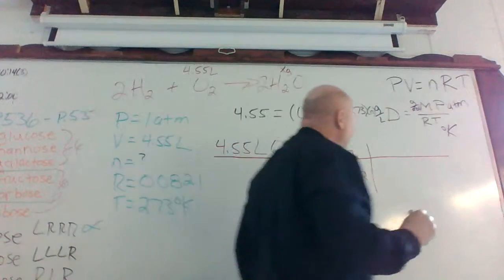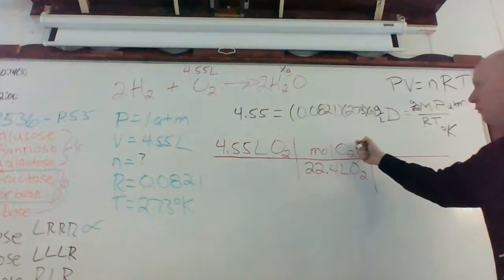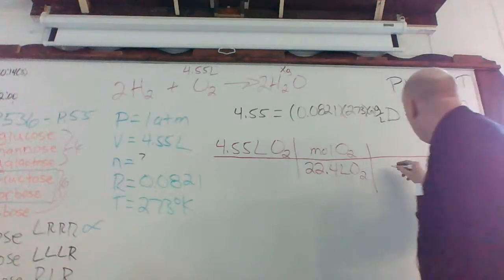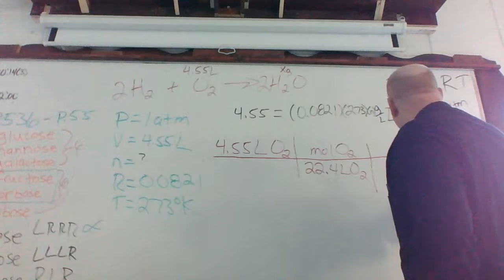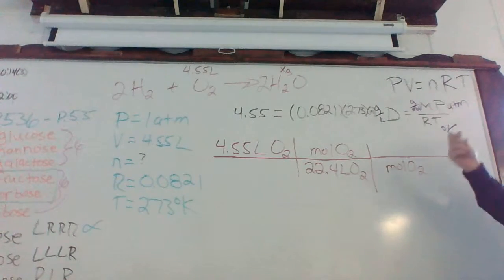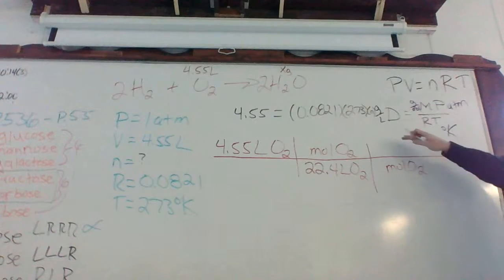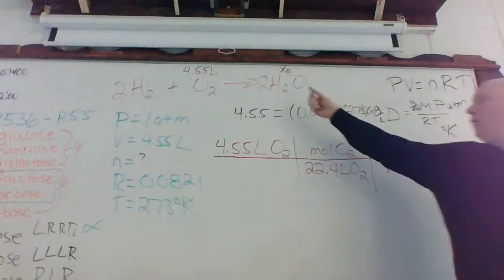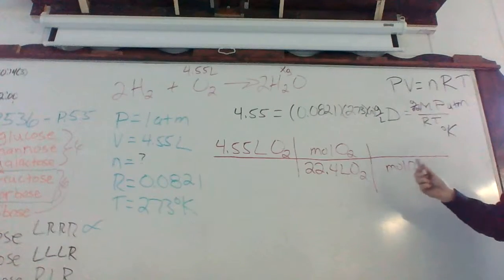So, how do we get rid of this mole of O2? You have a mole of O2 on the bottom. And then what would we put on top? We're changing what we want into what we're looking for. Nope. Because we want grams of water. We're still in oxygen yet.